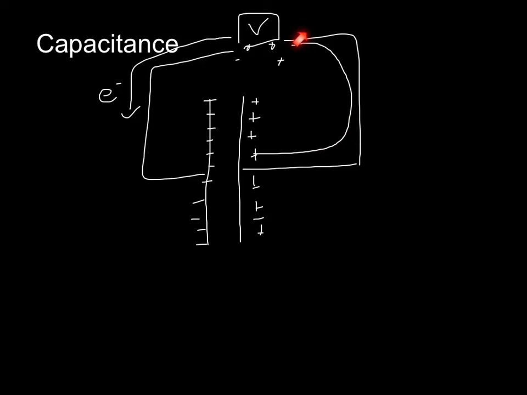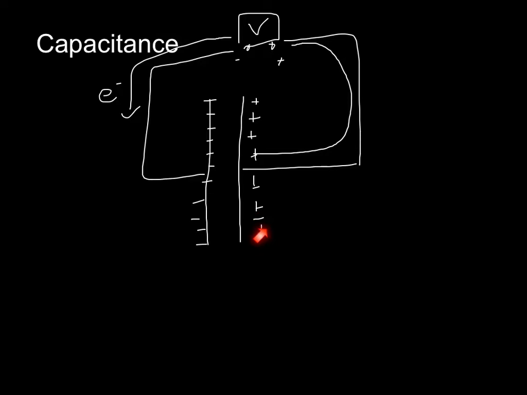Thank you, Ben Franklin. But the electrons are going to come this way. They're going to deposit themselves here. They're going to take electrons from this side, because electrons don't like each other, and they're going to repel them. So the electrons get repelled, and that leaves behind a positive charge on one side of the capacitor. And so this is one way that we can store charge in a place.